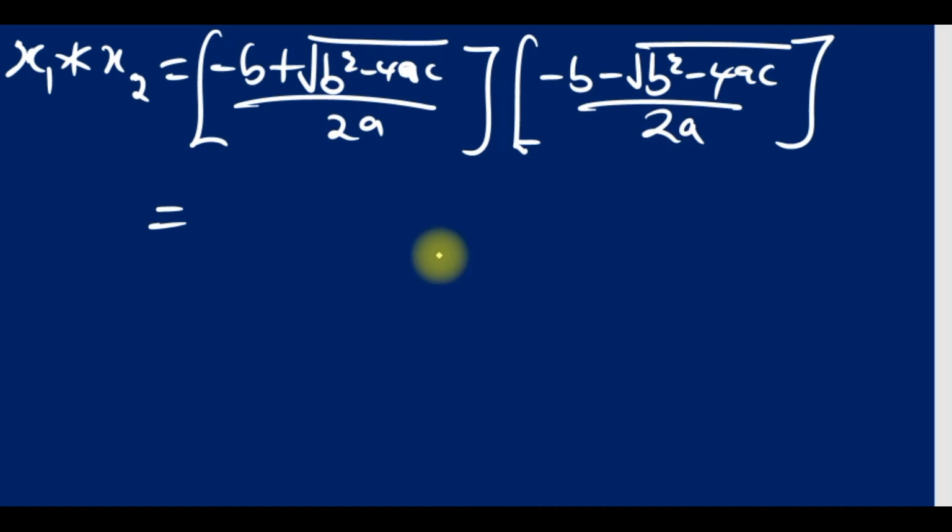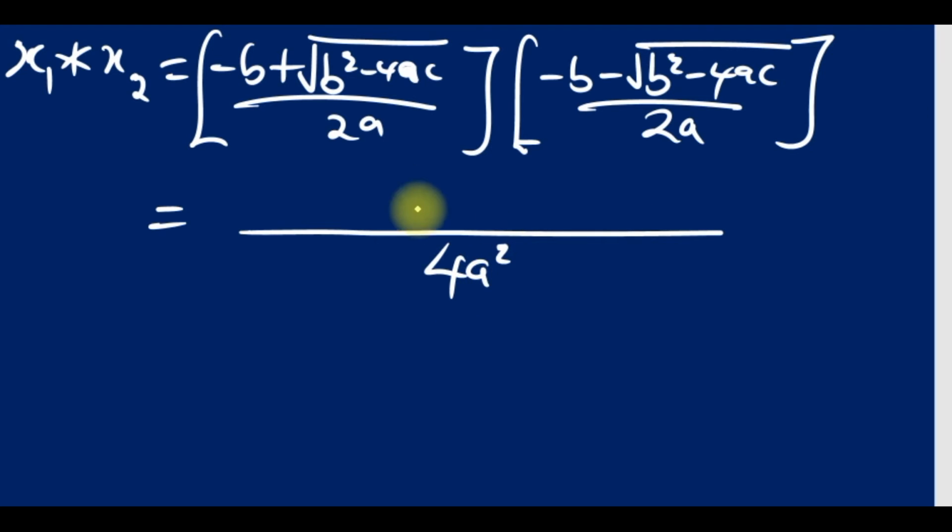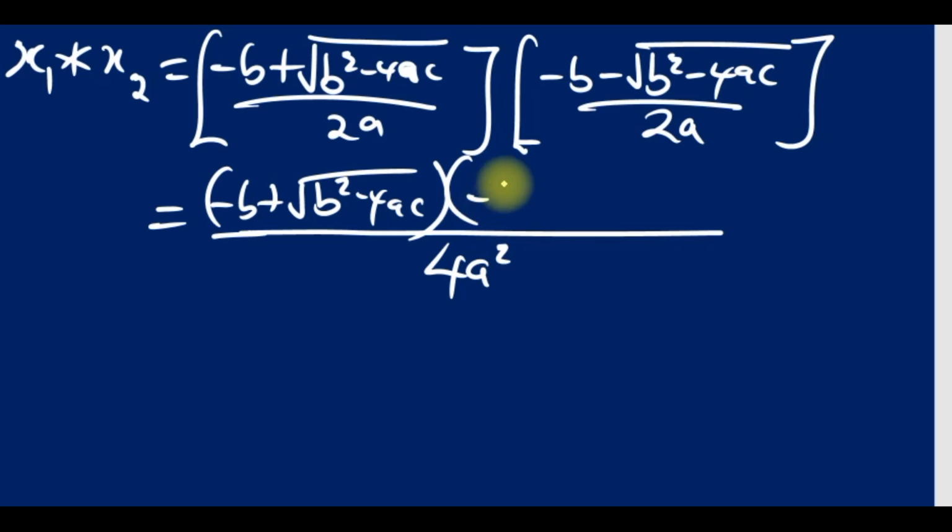So the denominator is 4a squared, that's 2 times 2, 4, a times a, squared. And the numerator is minus b plus that, times minus b minus this.